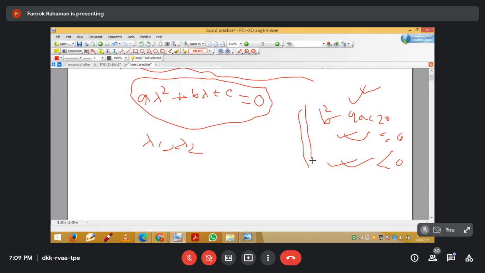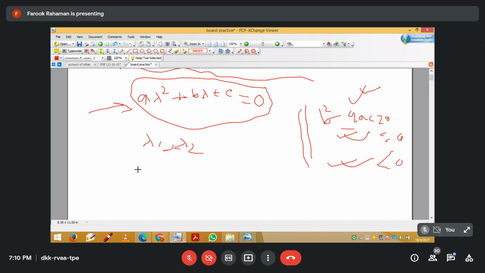To check the form, we write this quadratic equation and find the discriminant, and seeing the expression of the discriminant, one can easily find the type of this differential equation.